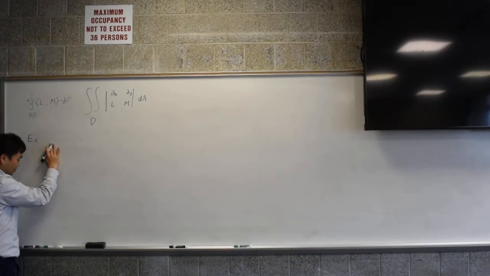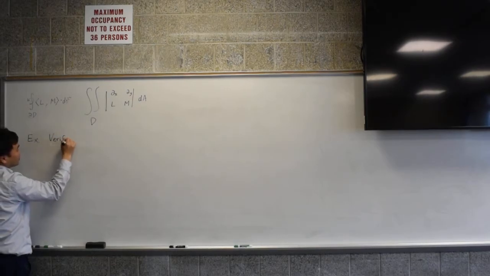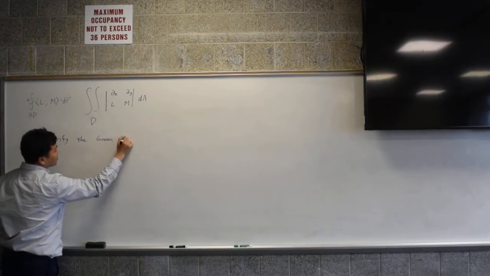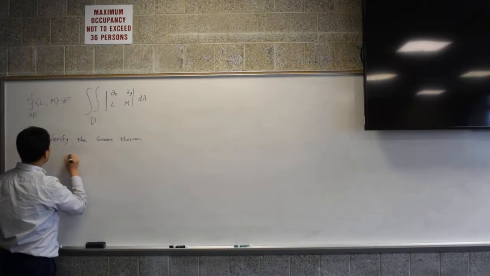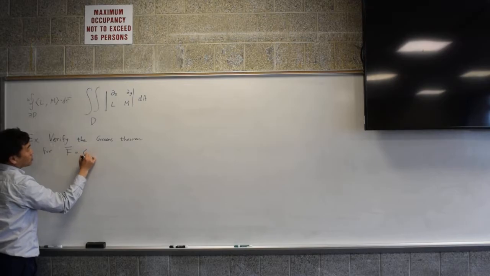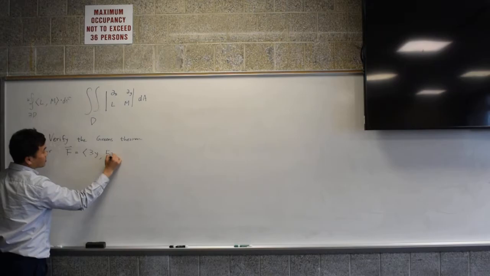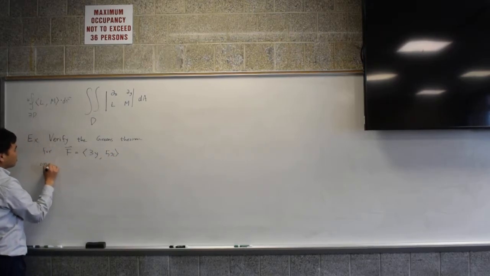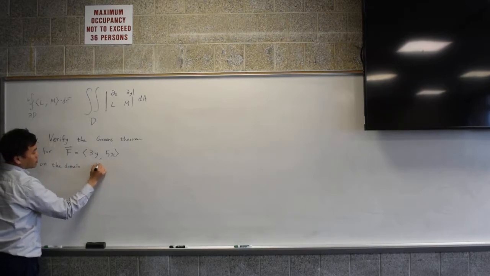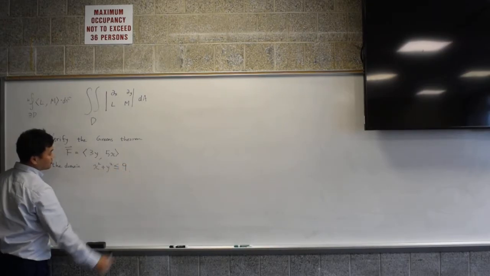So what I want you to do is verify Green's theorem for the vector field F equals (3y, 5x) on the domain x squared plus y squared less than or equal to 9.